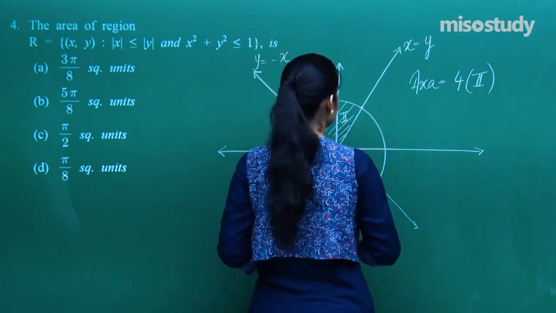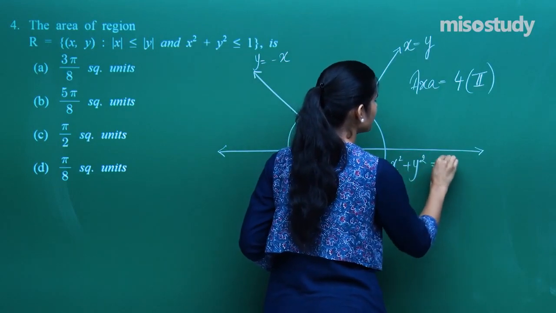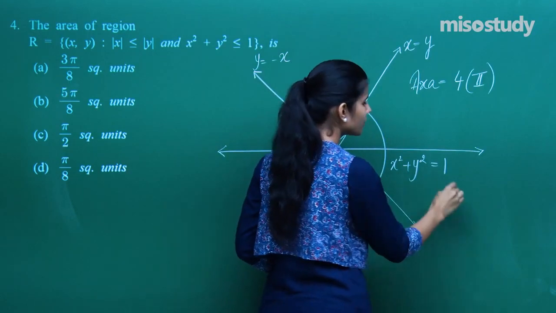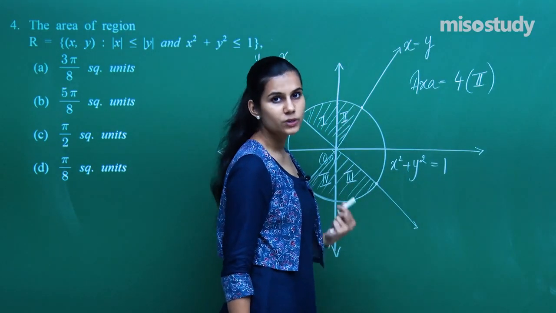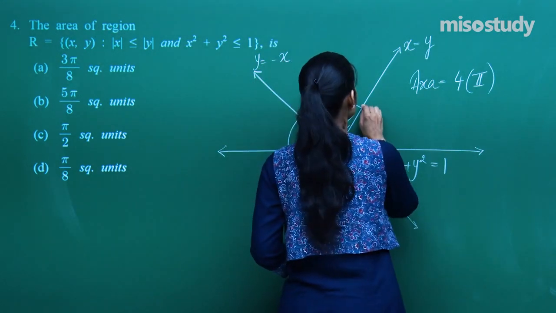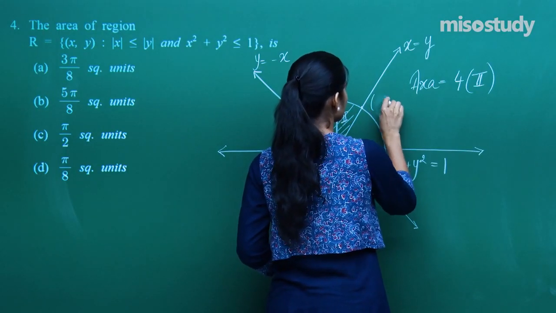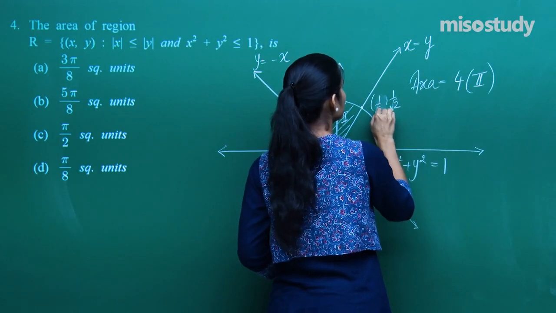What is this point? Now, this circle is x square plus y square equals 1. In place of x, if you put y, you get y square plus y square equals 1. Twice of y square equals 1, y square is 1 by 2, so y comes out to be plus minus 1 by root 2. So this point comes out to be 1 by root 2. But when y is 1 by root 2, x is also 1 by root 2.